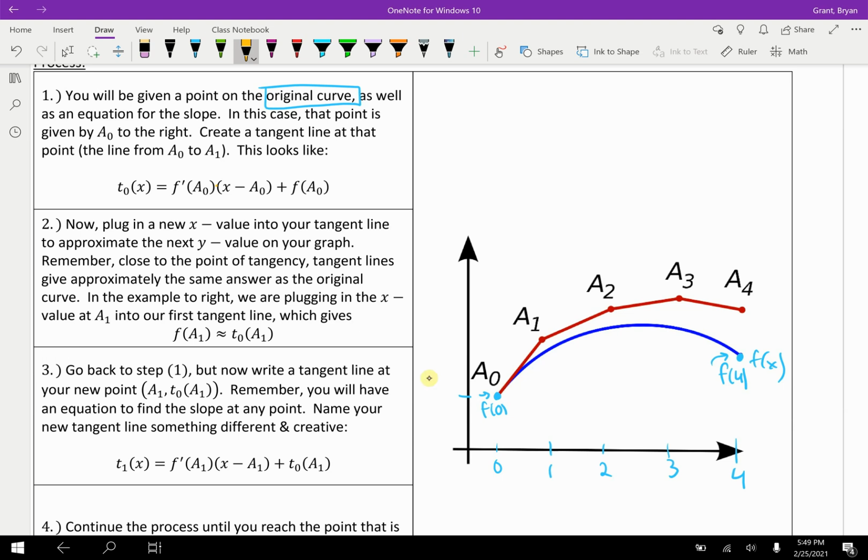And what that would do is create a tangent line that looks something like this. And that's all fine and dandy, but if you wanted to find an approximation for this point and you used the tangent line that's way up here, this y value is not very close to the one we actually want to find. So although it is an approximation, it's not a super close approximation.